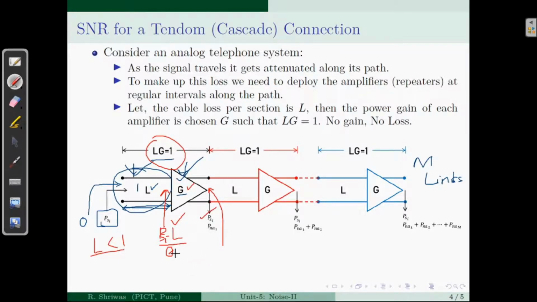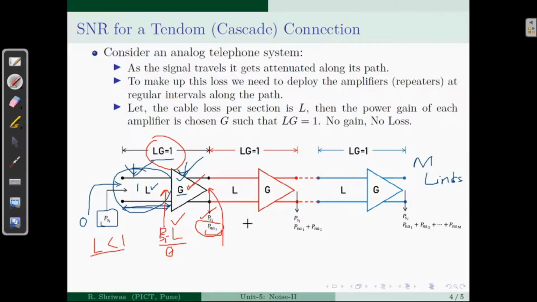The external input noise is still 0, but there is a noise called internal noise which is added by this amplifier. This is a noise generated within this amplifier, and it appears at the output of this amplifier. PNA1 stands for amplifier noise, where 1 stands for the first amplifier, so we denote it by PNA1.